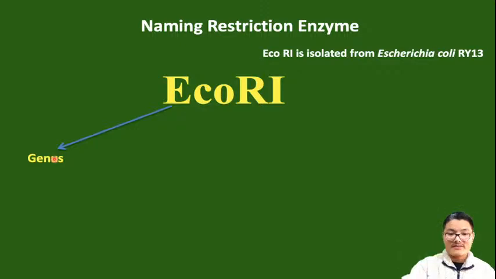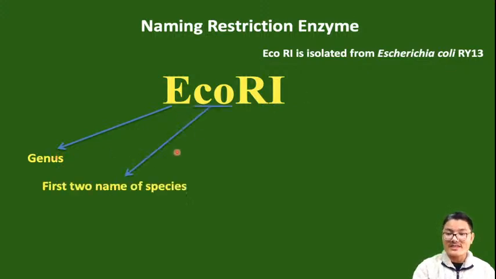So E here is the name of the genus, that is Escherichia, and CO is the first two letters of the second name, that is coli. So CO is from coli, right? CO. So the first two letters of the name of the species is coli.